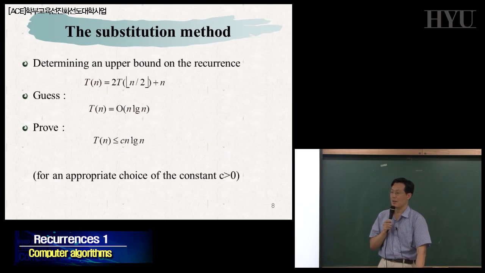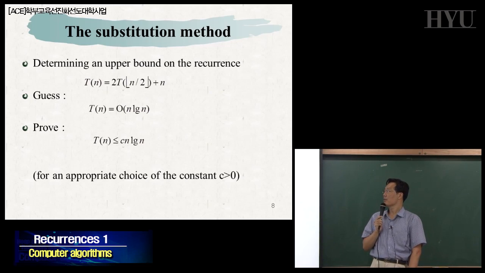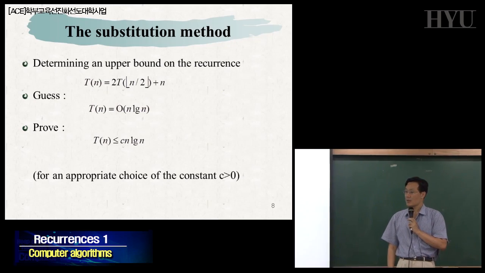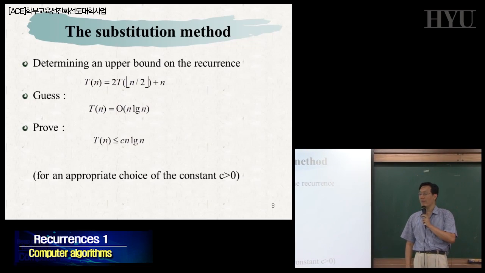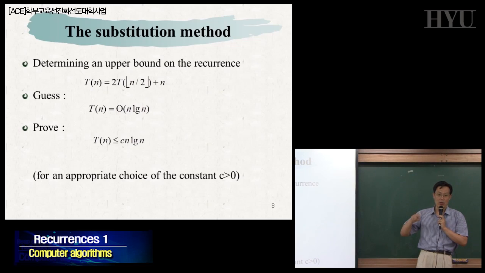Let me show you an example. The problem is to determine an upper bound on this recurrence. This recurrence is T of n is twice T of the floor of n over 2 plus n.